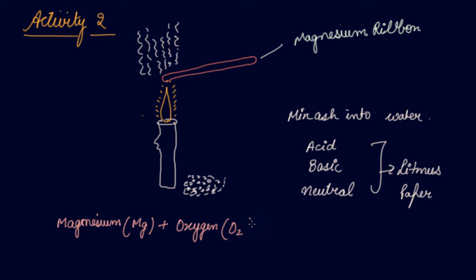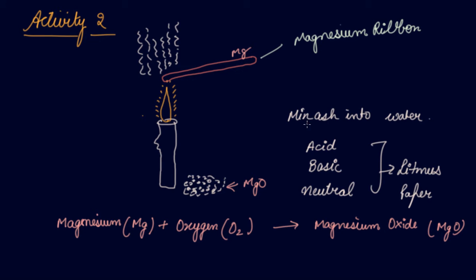When you burn it, you get magnesium oxide, MgO. This ash is magnesium oxide. Mg comes in contact with oxygen, so it gives the ash, that is magnesium oxide.